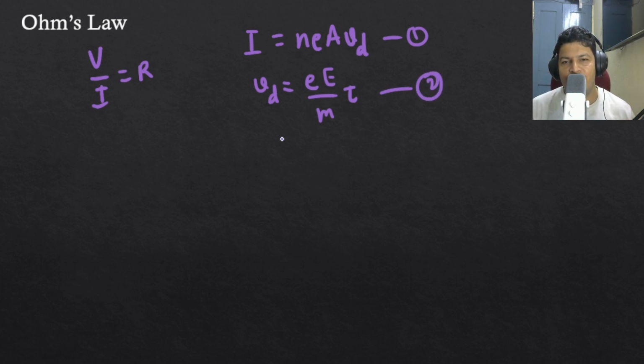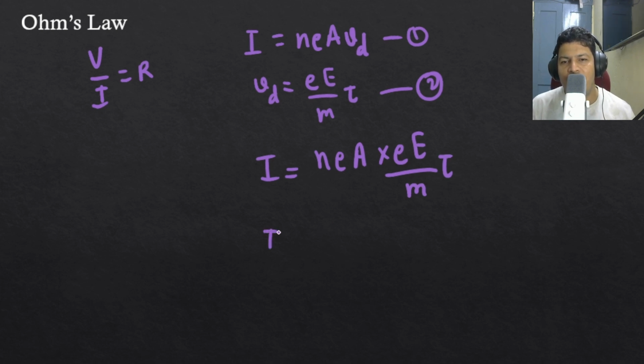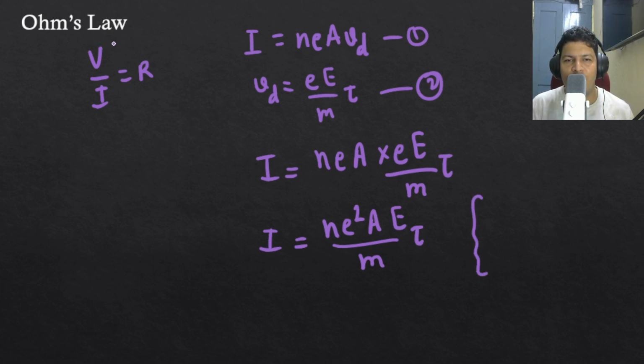So let's start directly. Put the value of equation 2 in equation 1. So you can write from 1 and 2, V_d का value 2 में 1 में रख दीजिए. So then you get E, capital E over m into tau. Then you can write I = NE square A E over m into tau. Now the basic thing is, I want the equation in voltage, and here I have electric field.